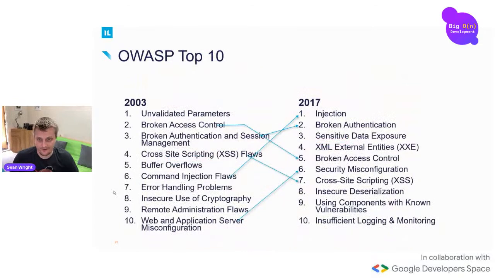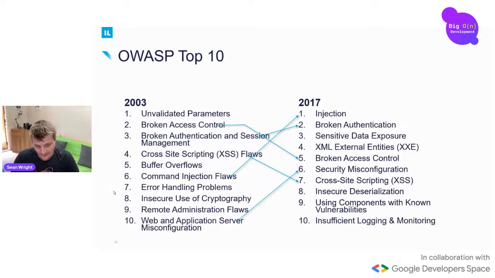And this is kind of reflected in the OWASP Top 10. So OWASP is the Open Web Application Security Project. It's a voluntary project and organization that focuses on application security. And every few years, they produce a list of the top 10 vulnerabilities. And there's the 2003 list, which was the first list, and then the 2017 list, which is the current list.